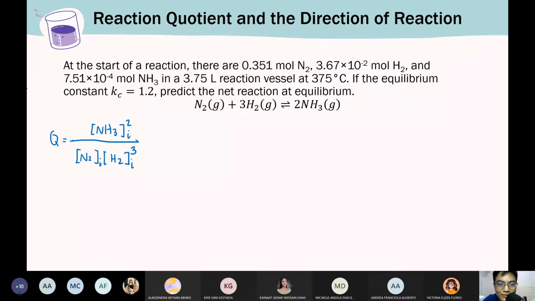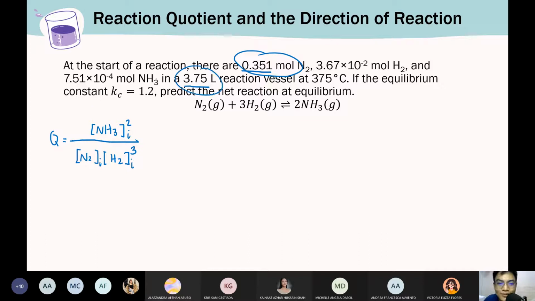Pero wag nyo ito kakalimutan. Again, sabi ko, kapag square bracket, you need concentration in units of molarity. What's molarity? Mole per liter. Look at the given. May mole, may liter. So basically, the answer to the question I am raising earlier is to just divide the moles by the volume.